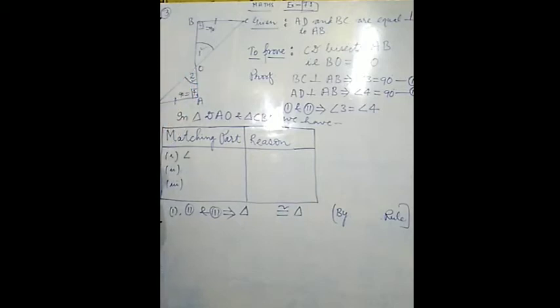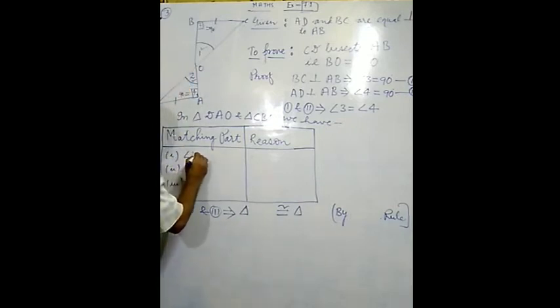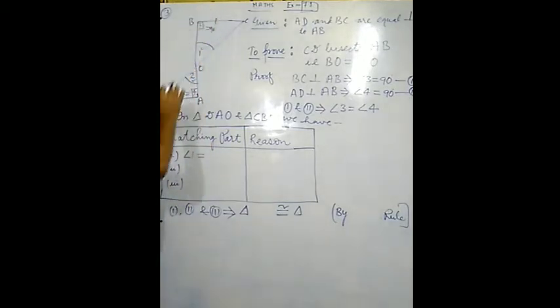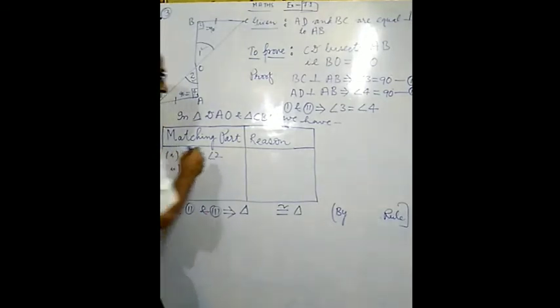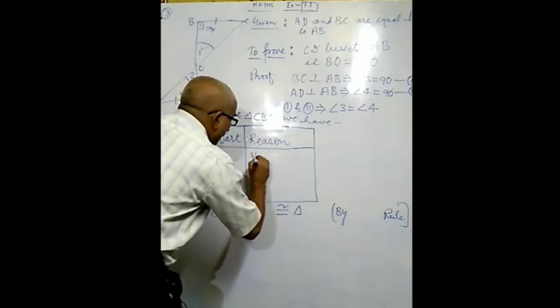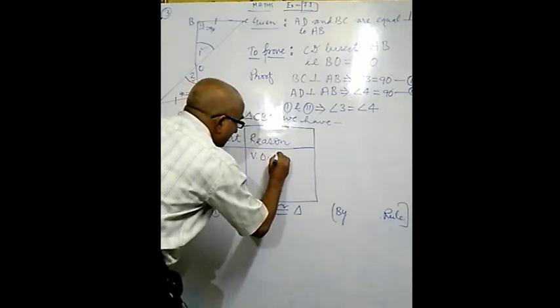Because they are vertically opposite angles. This is the first matching part: angle 1 of the upper triangle equals angle 2 of the lower triangle, and the reason is that they are vertically opposite angles.